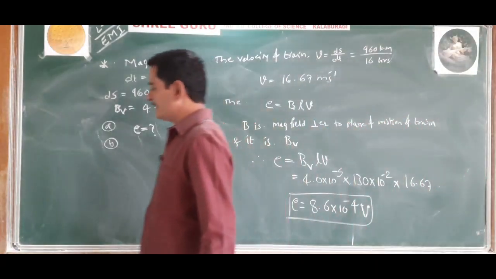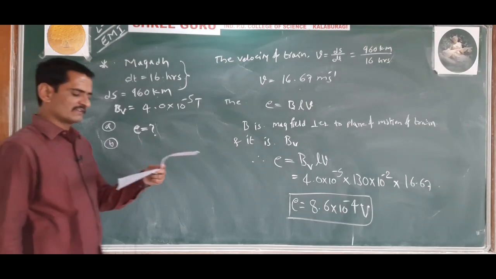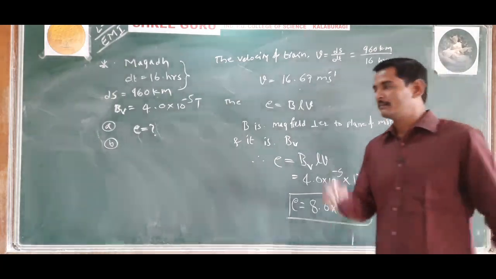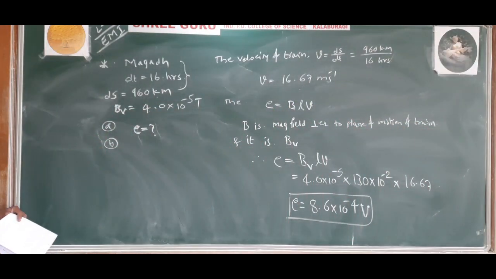Now in part B, they are asking: if the leakage resistance between the rails is 100 ohm, find the retarding force on the train. The leakage resistance is given, so we find the leakage current.